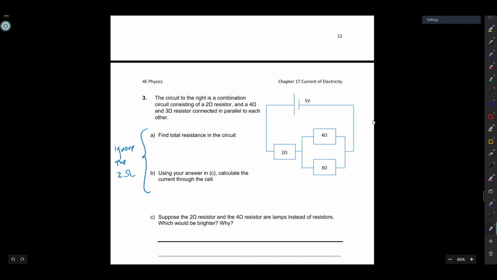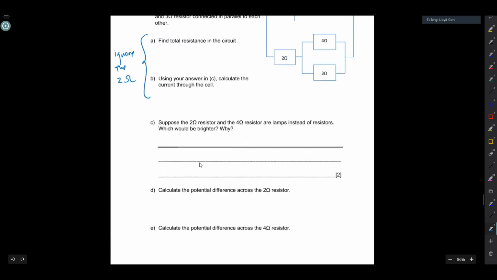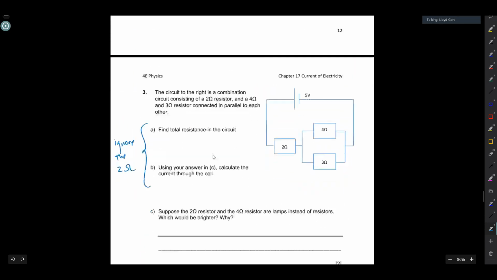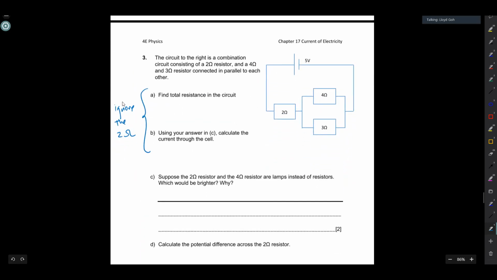So you can try 3A and 3B, just treat the 2 ohm as though it's not there. The rest can skip. So you can try pages 11, 12 and 13, but for 13, just try 3A and 3B with this condition, ignore the 2 ohm.